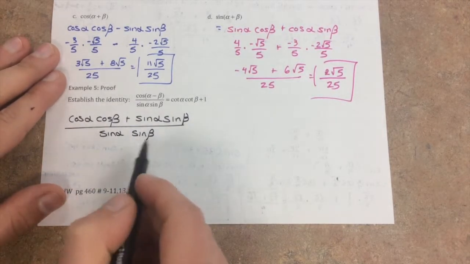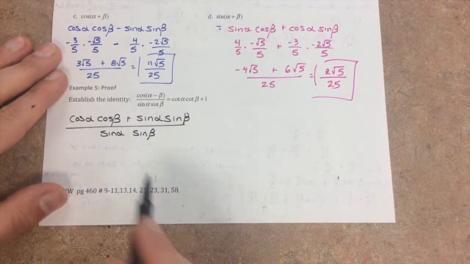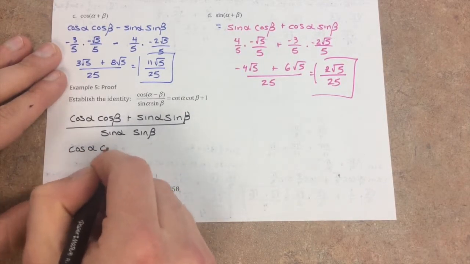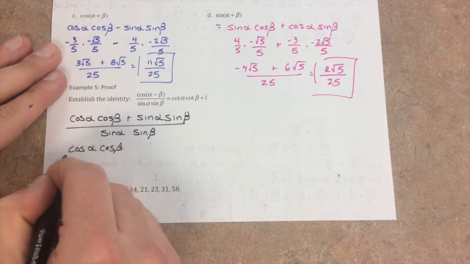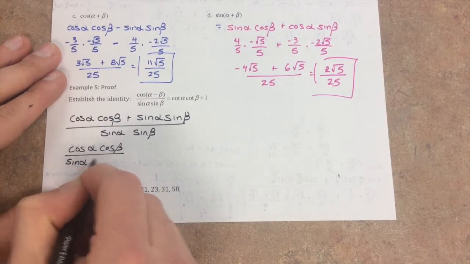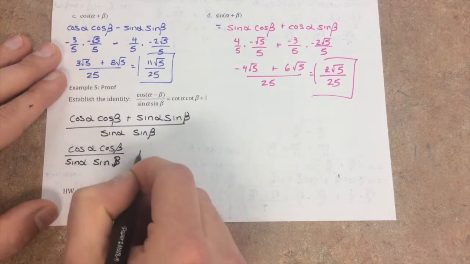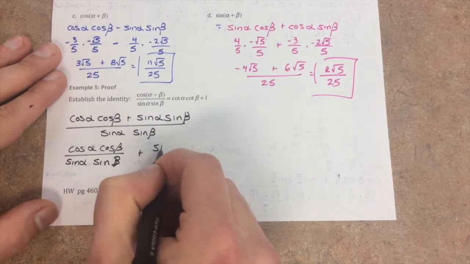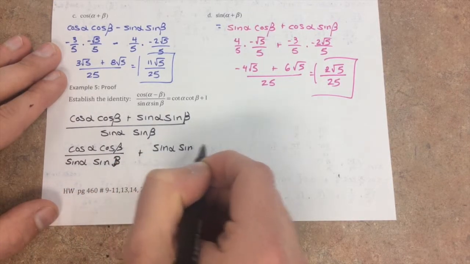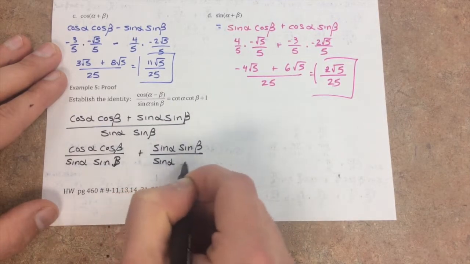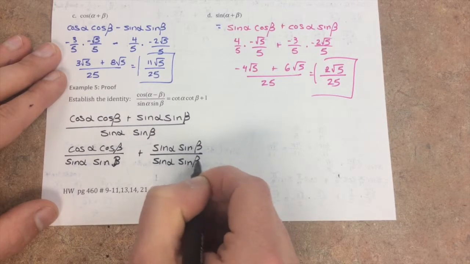Now, the tricky part is when we only have one thing in the denominator, we can write this as cos alpha cos beta over sine alpha sine beta plus sine alpha sine beta over sine alpha sine beta.